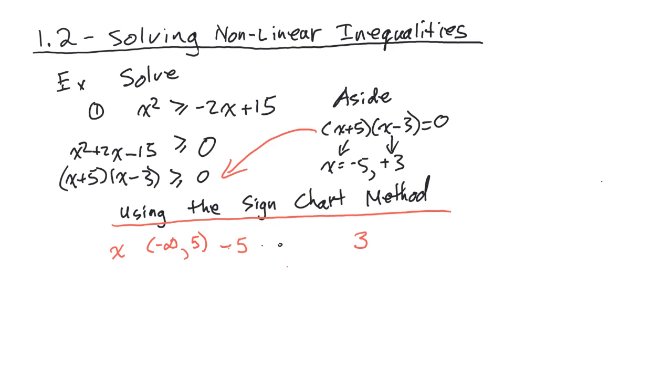Then we have negative 5. And then we're going to go for all points between negative 5 and positive 3. So that is our next interval. And then we have to look at all the intervals from 3 to positive infinity.